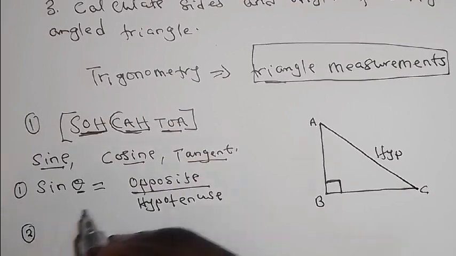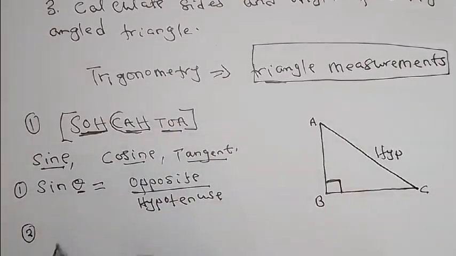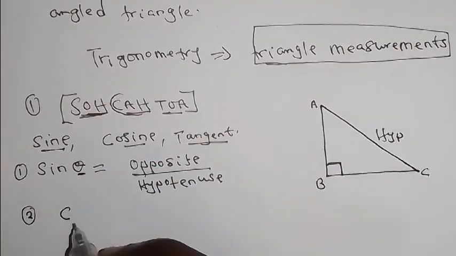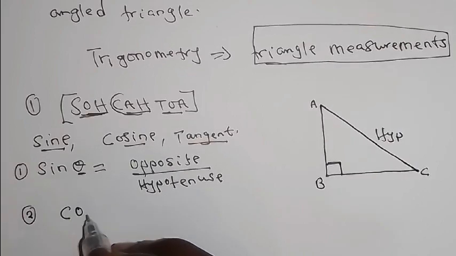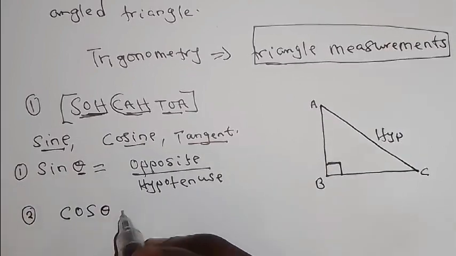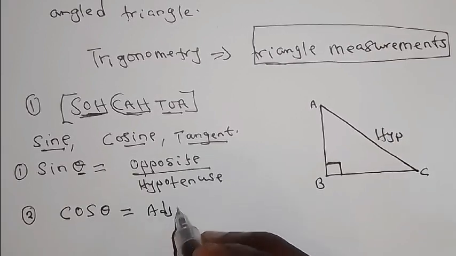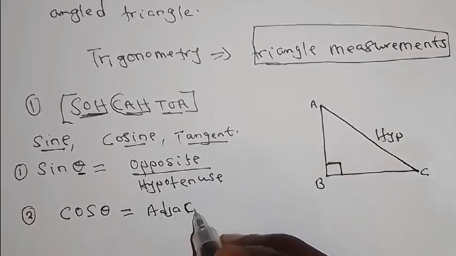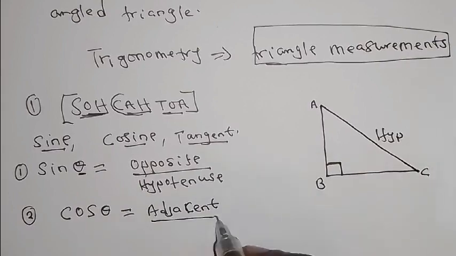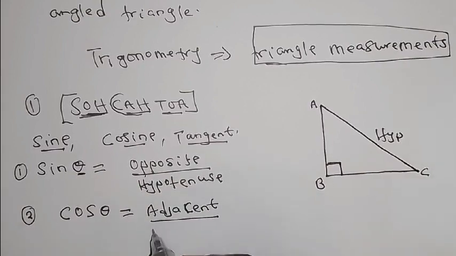Number 2 is the cosine. Cos theta of that angle is equal to the adjacent over the hypotenuse.